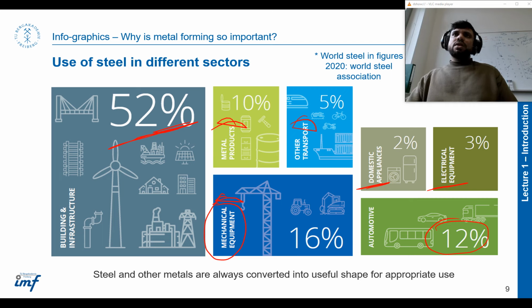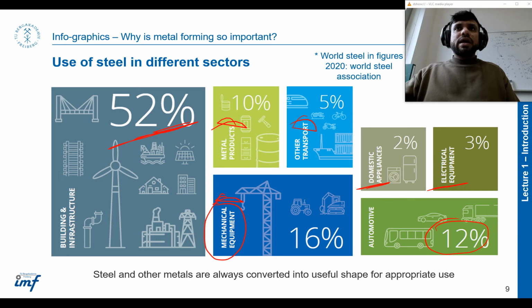Now, when we think about crude steel production, we see that the crude steel is not really directly used in the form of billets or blocks in all these applications.